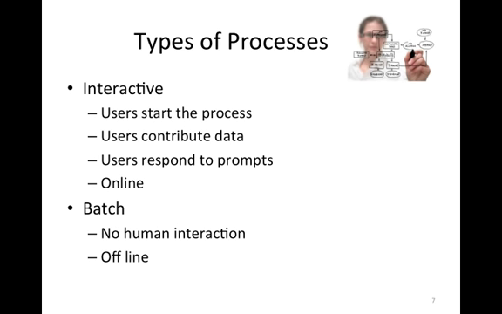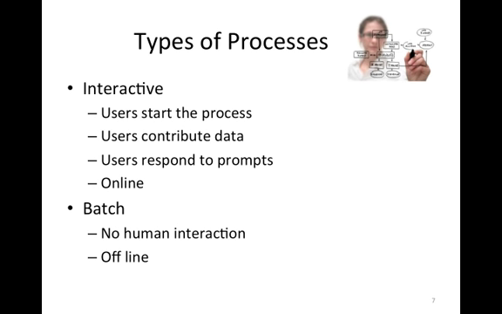Well, we can think about it that there are multiple types of processes. And so the first thing we want to do when we're thinking about our systems is what kind of processes are we going to have? We're going to have interactive processes. This is one that a user starts the process. So they can start the process by going to a website. They can start the process by clicking on a link. They can start the process by bringing up a software package that's on their PC.